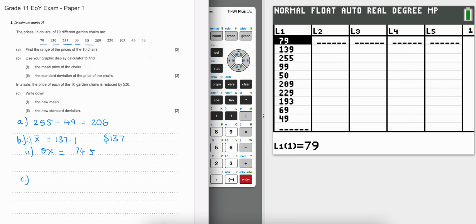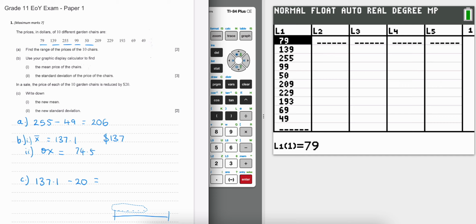For the first one, when you're working out the mean, if every single piece of data is 20 smaller, therefore the mean will also be 20 smaller. So if it was 137.1, then we're going to need to subtract 20 from that, because if you think about your number line, and you've got all your pieces of data, if they are all 20 less, then all that's happened is all those pieces of data have moved down.